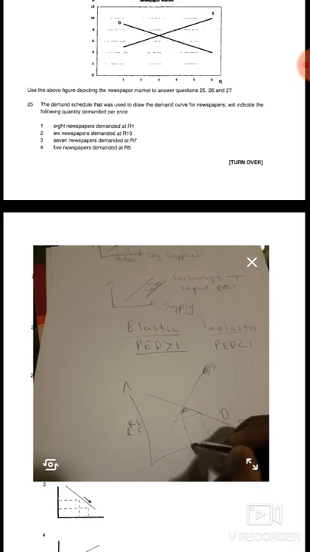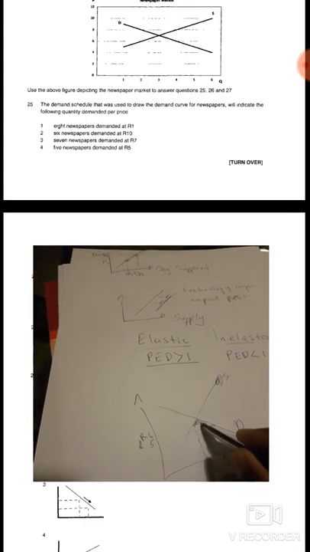We have this space here, and the first intersection is the supply curve here, and the other intersection is the demand curve here. So this space indicates the difference between the quantities.